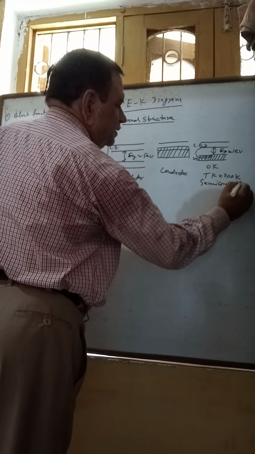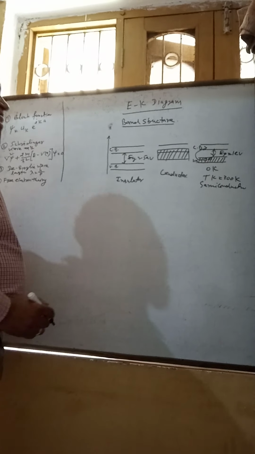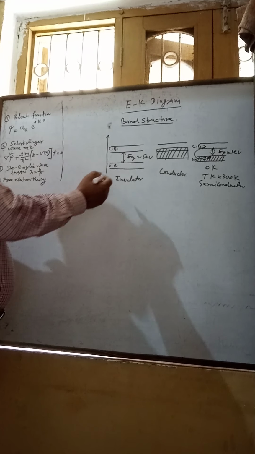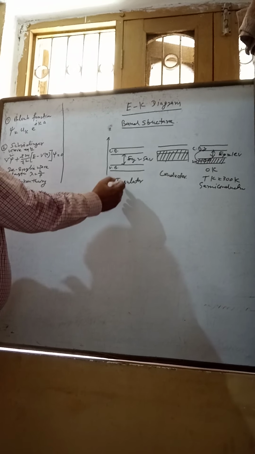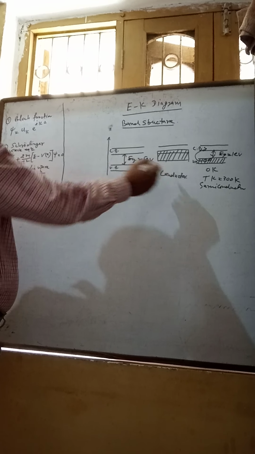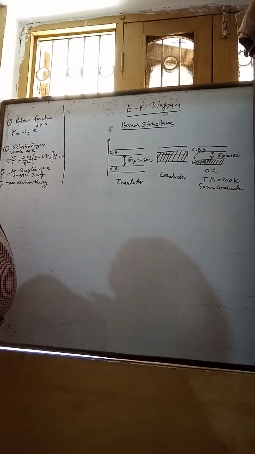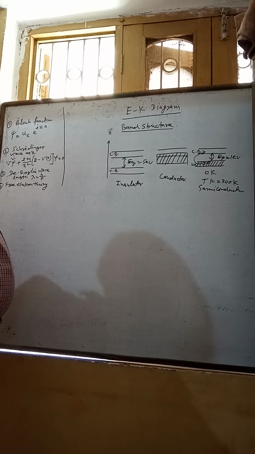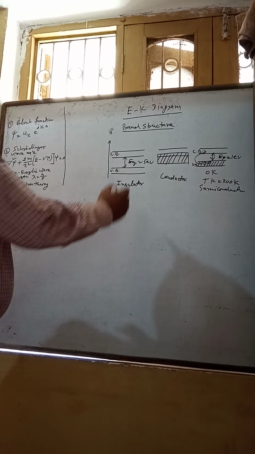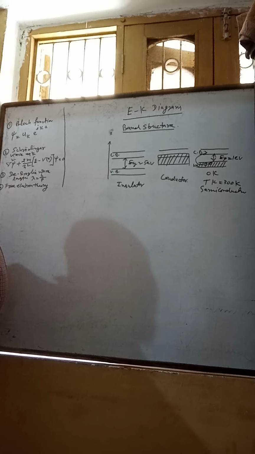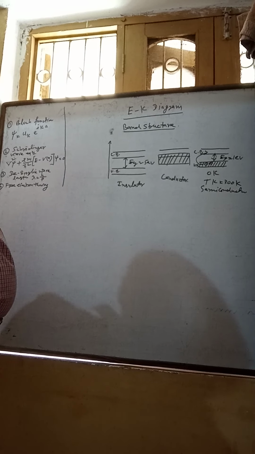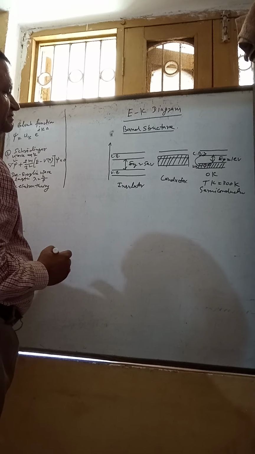The band structure says why some materials are insulators and conductors, but it does not explain why this is happening. This is explained on the basis of the EK diagram.